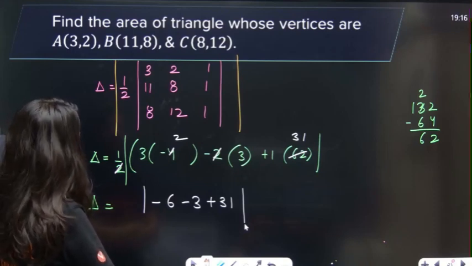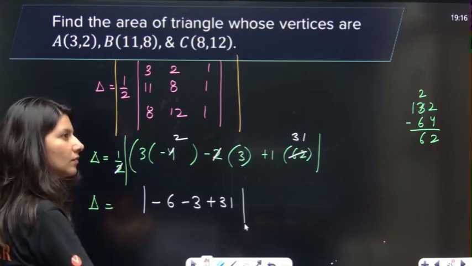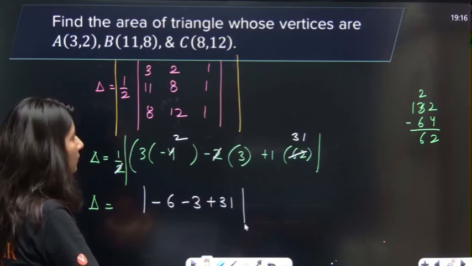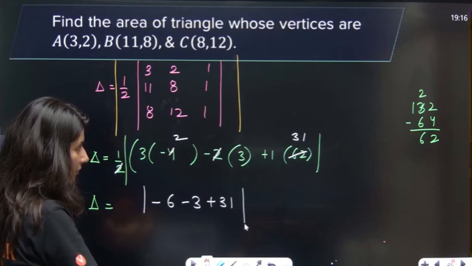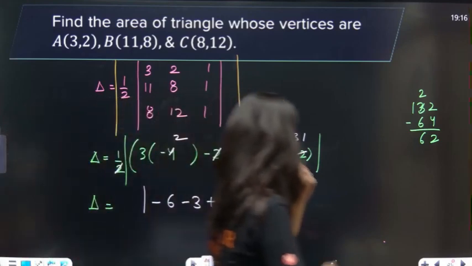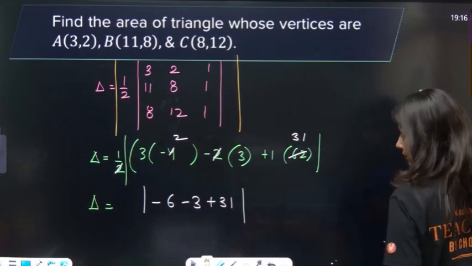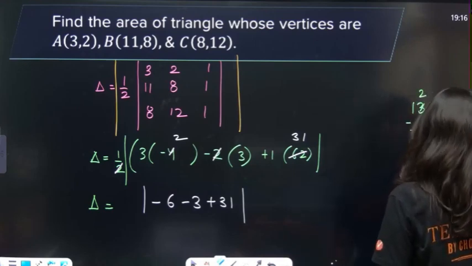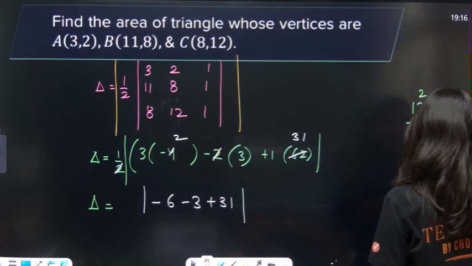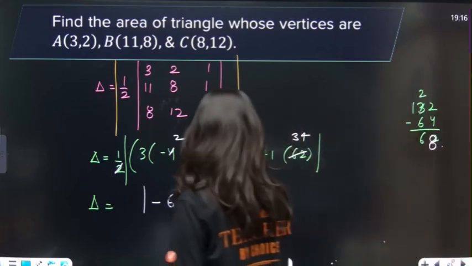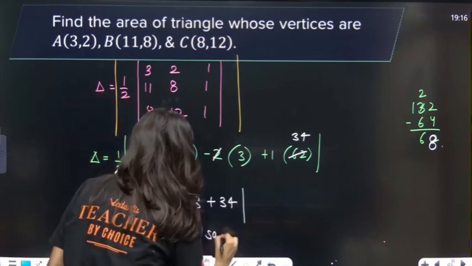Then this is 132 minus 64. Sorry, this subtraction, oops, 68, so this is 34. 34 minus 9 is 25 square units.